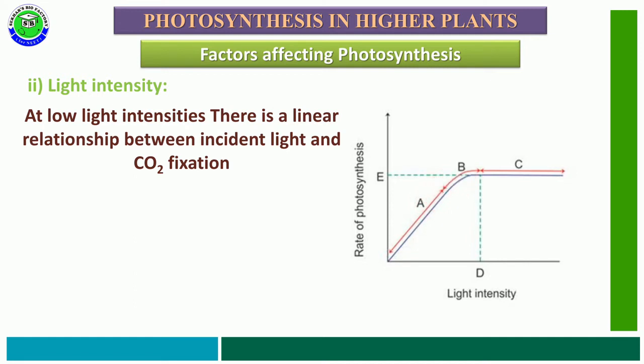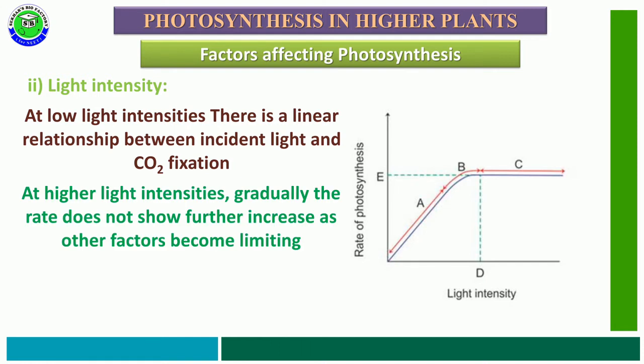So the rate of photosynthesis increases gradually, denoted with A in this graph. When the light intensity becomes high, at one point called B, even though the light intensity increases, the rate of photosynthesis does not increase; it remains constant, denoted with C.